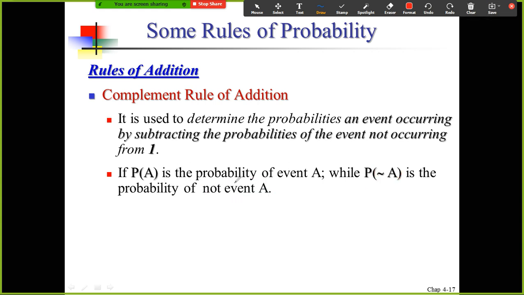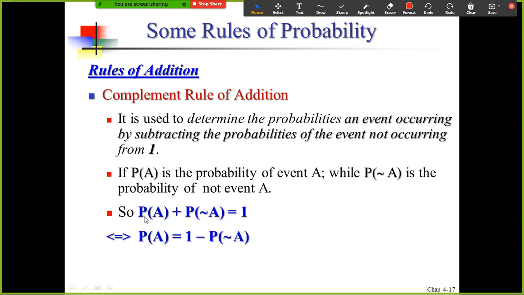If P(A) is the probability of event A, then P(not A) is the probability of not event A. So the probability of A plus the probability of not A equals 1. 1 means 100%. That's why in order to find the probability of A, you need to take 1 minus the probability of not A. Okay, that's why it's here.